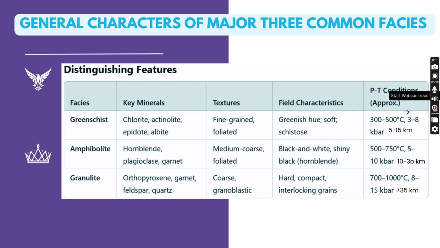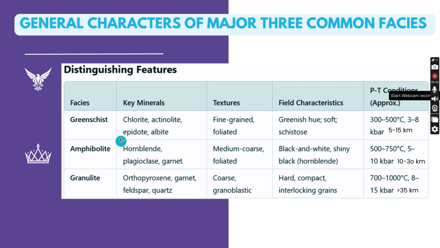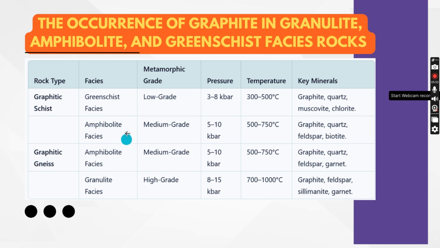All three parameters control things. So the occurrence of graphite in granulite, amphibolite, and greenschist facies rocks is governed by these. As you must know, for basic things, where greenschist, amphibolite, and granulite form, and what the key minerals are. But graphite usually, as I have told, occurs in greenschist, amphibolite, and very rarely in granulite terrain.